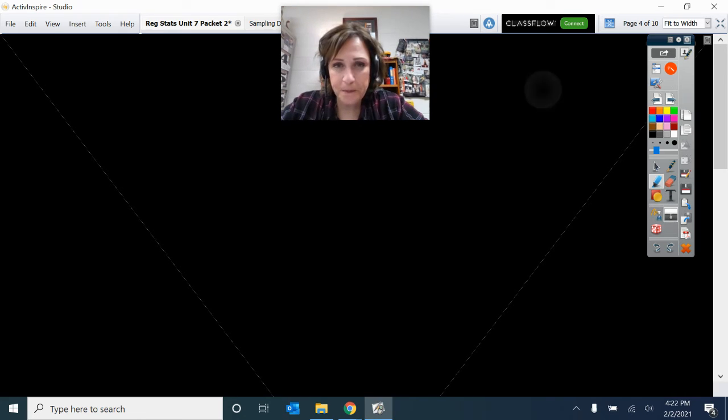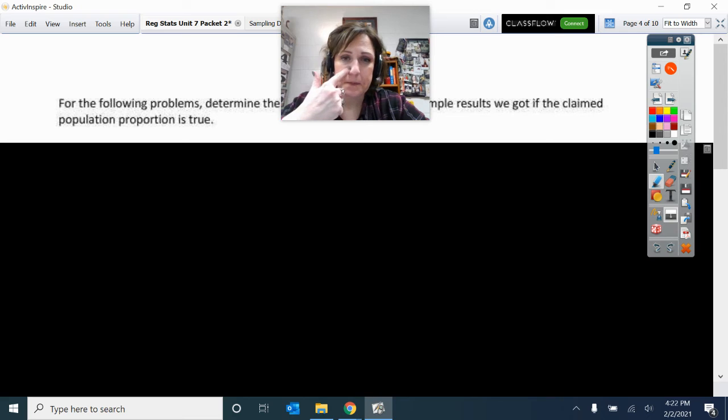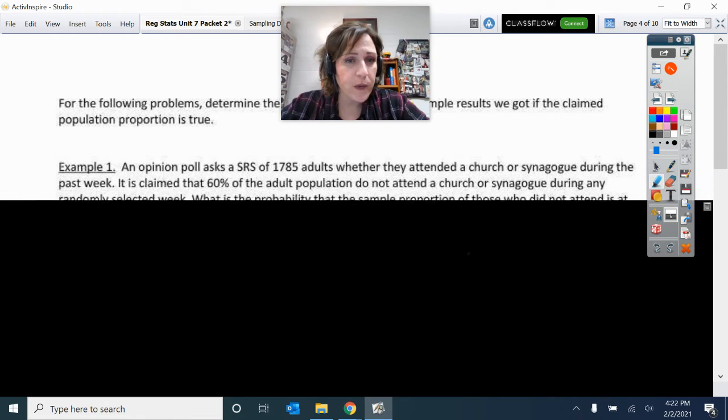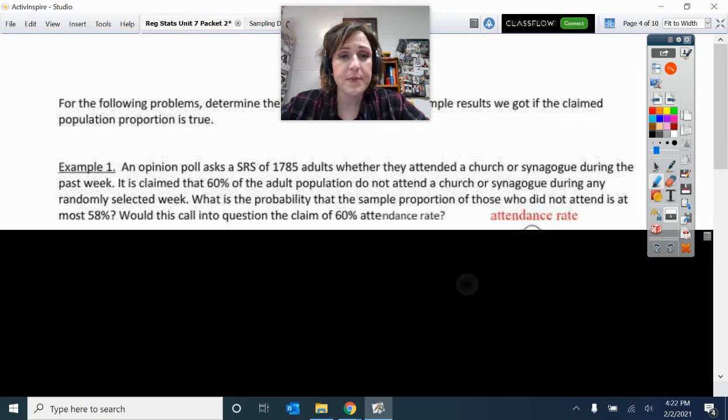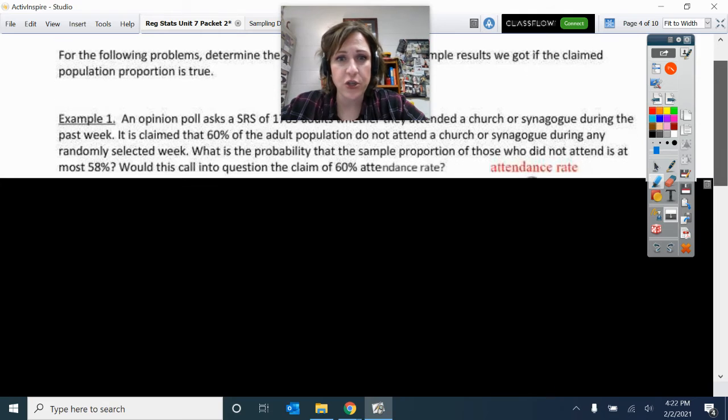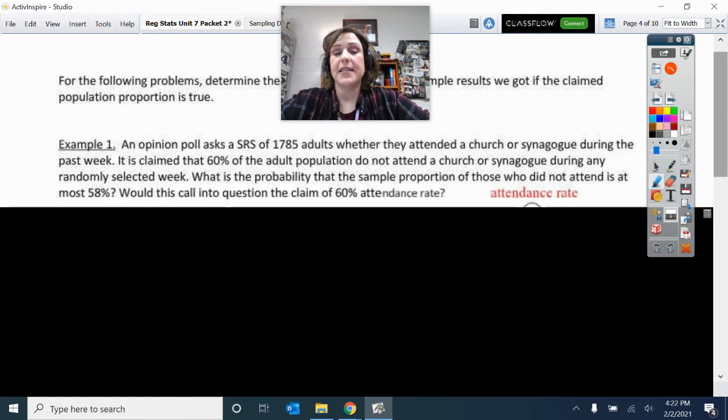And so let's now take this to an actual example. Here we go. Let's put this into action. So here we start with a simple random sample of 1,785 adults. And we ask them whether they attended a church or synagogue during the past week. And it's claimed that 60% of the adult population does not attend a church or synagogue during any randomly selected week.